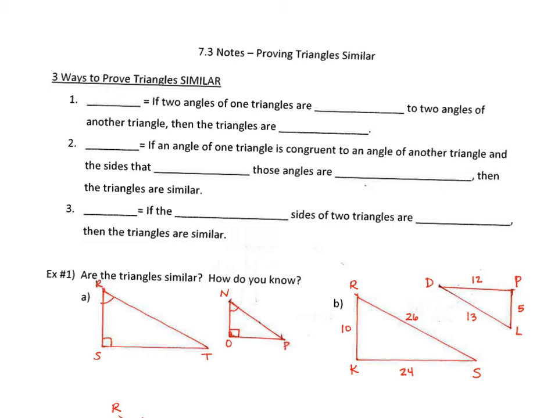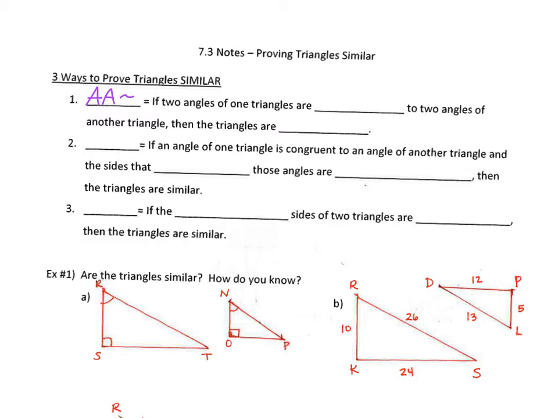But we are just proving a lot of proportional things, okay? So there's 3. The first one is one that did not exist with congruence, and that is AA similarity. So you just write AA and then the little tilde.